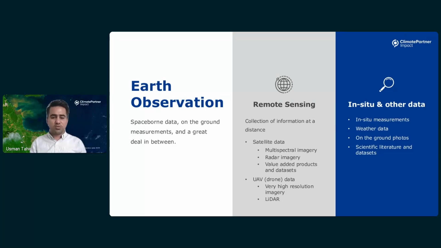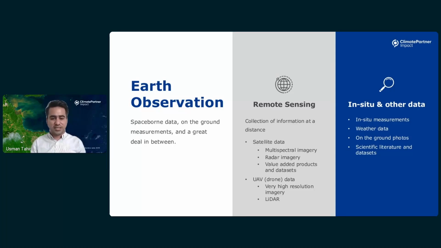So actually, what satellites do is capture the data in the form of multispectral images or radar imagery across different wavelengths of the electromagnetic spectrum. Multispectral imagery is just like a normal camera, but it captures a bit more of the light spectrum than a normal camera.